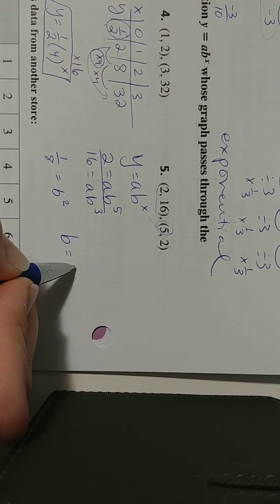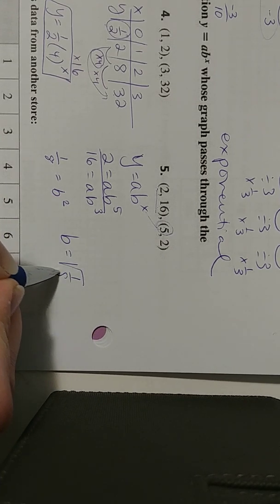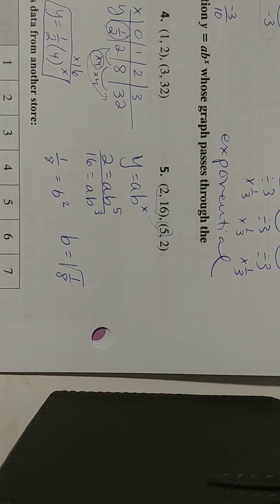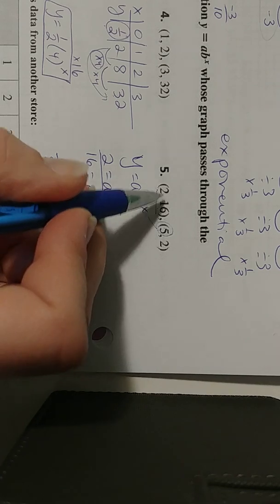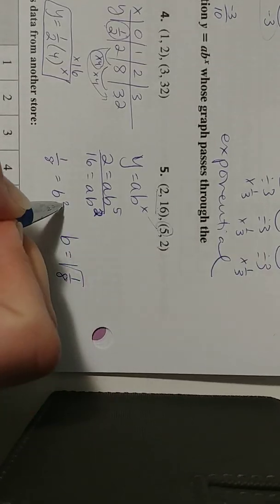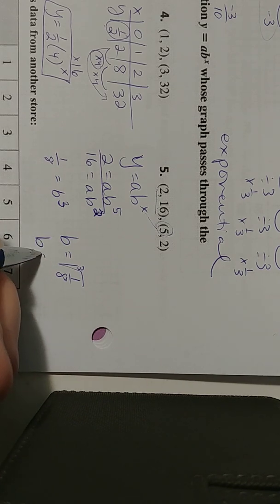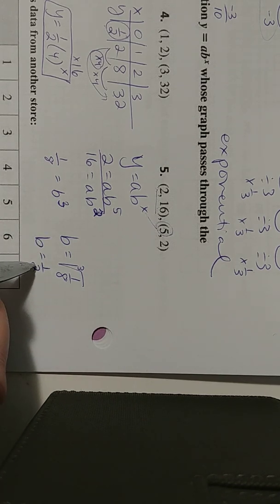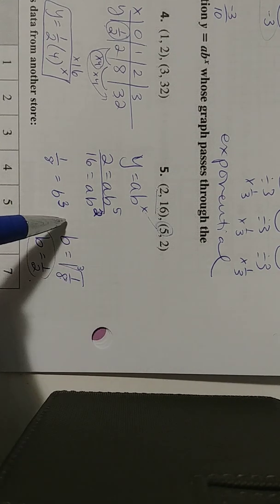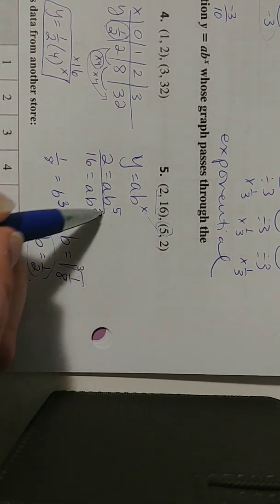So b is going to be the square root of 1/8. I'm looking at this thinking, gosh, that's not right. And that's because this is a 2 and this is a 3, so this is the cube root of 1/8, which is so much nicer because that is a half, because a half to the 3rd power is 1/8. So b is a half.